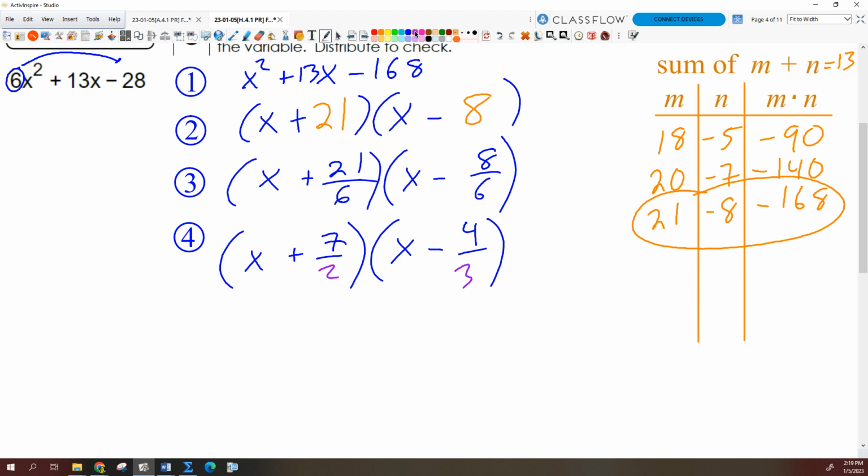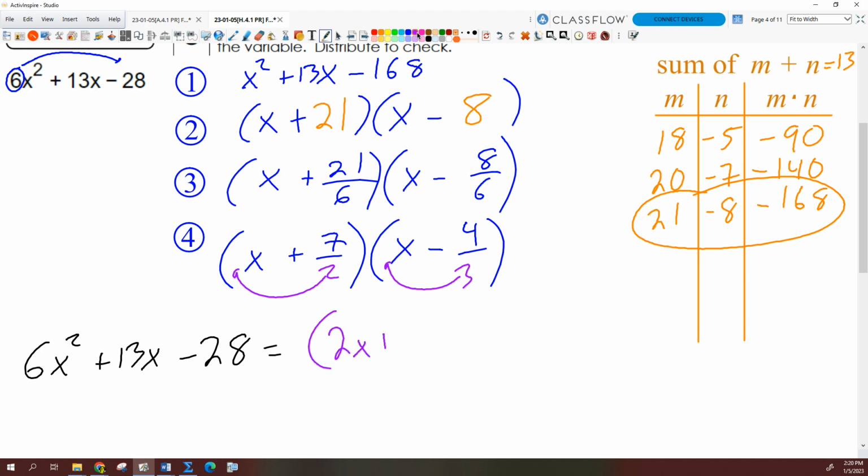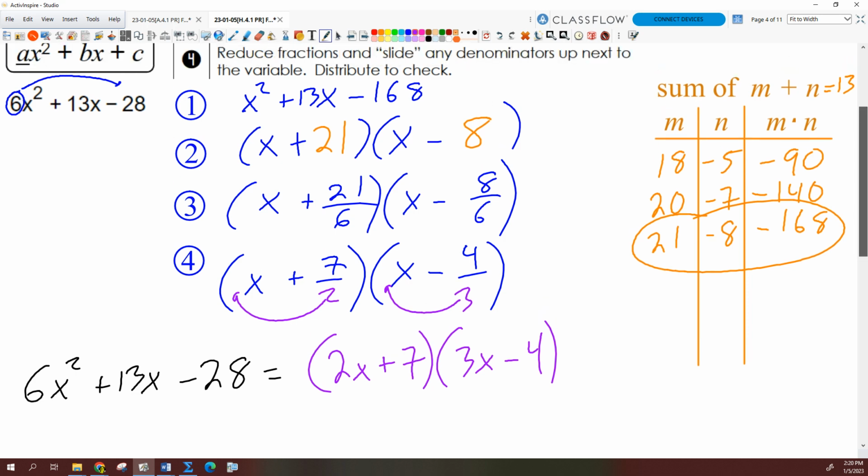And then the last step is, if we end up with a denominator, we slide the denominator up in front of the x, and so our final answer looks like this. It equals 2x plus 7 times 3x minus 4.